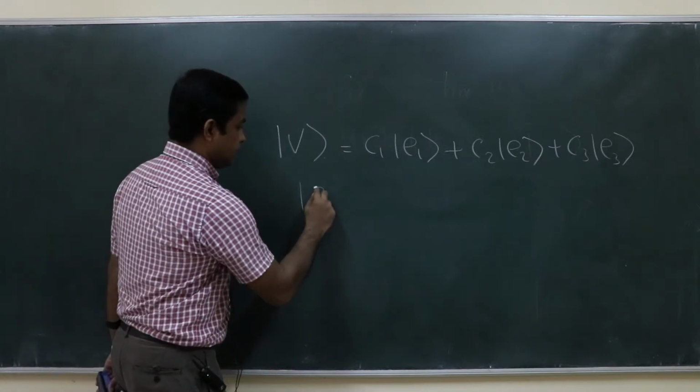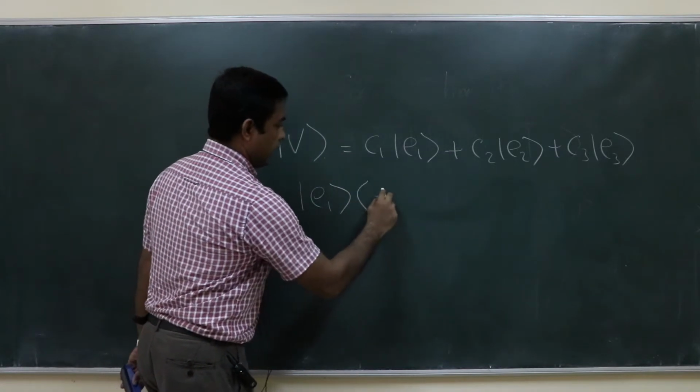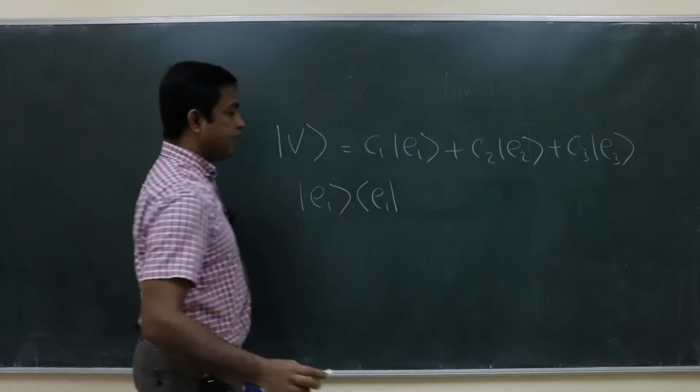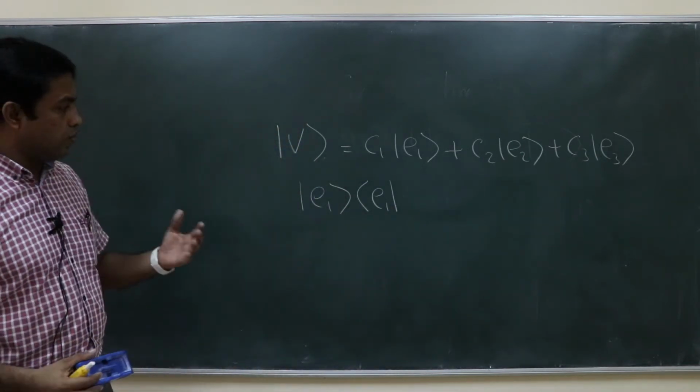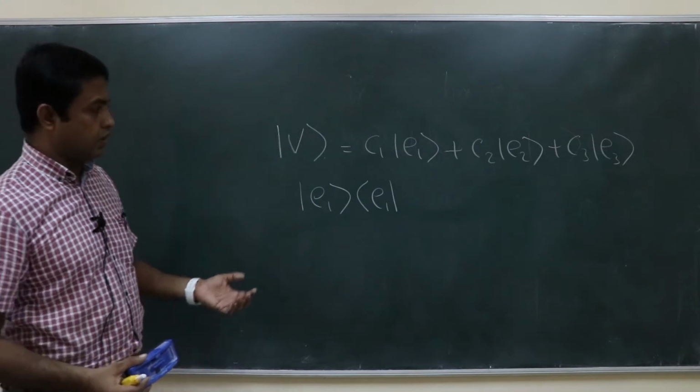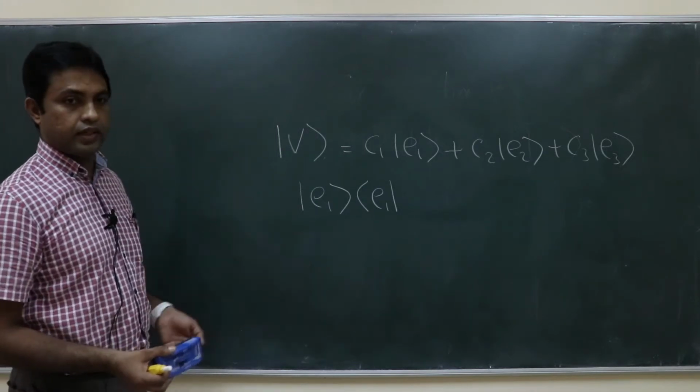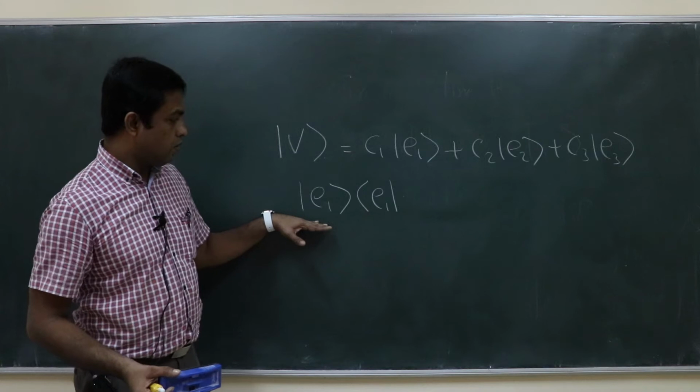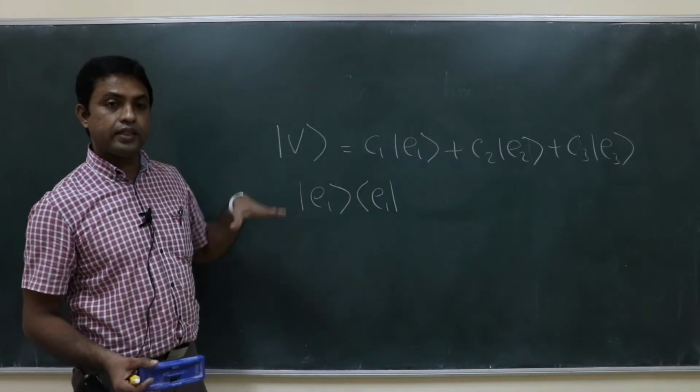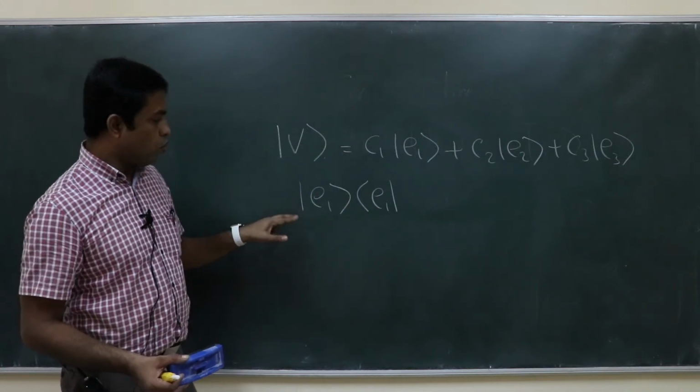What is ket E1 bra E1? So yesterday I was discussing the matrix representation of the ket and bra, right? Suppose I do this, what am I going to get? So now we are working in a 3-dimensional case, okay? So what is this quantity?